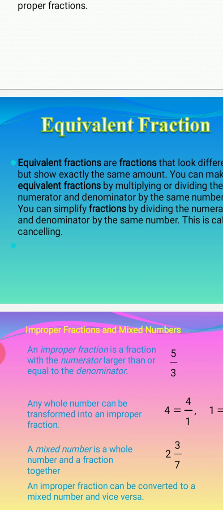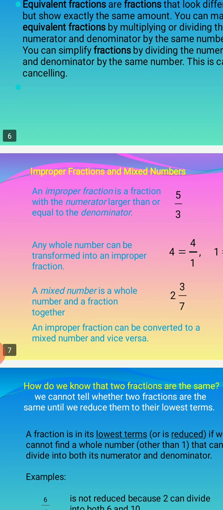By putting 1 as the denominator. A mixed number is a whole number and a fraction. An improper fraction can be converted into a mixed number, and a mixed number can be converted into an improper fraction.